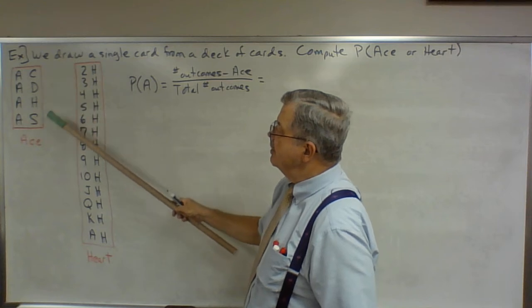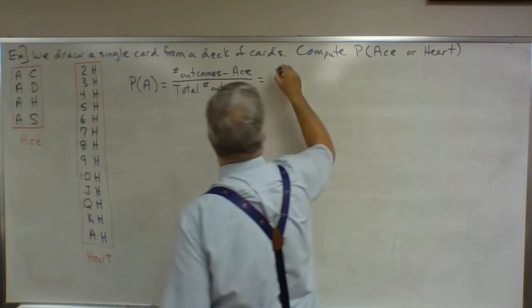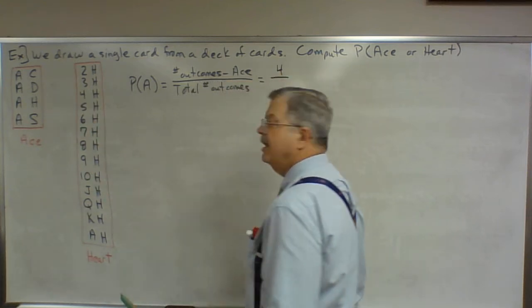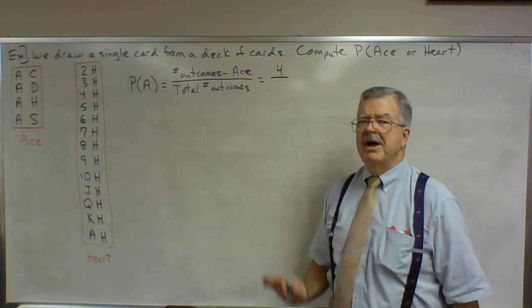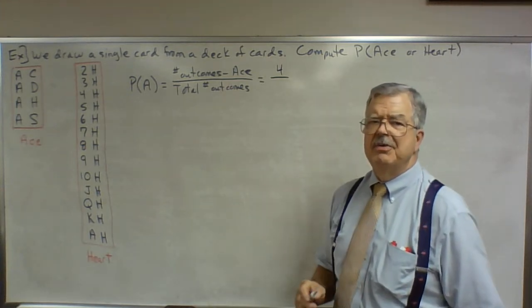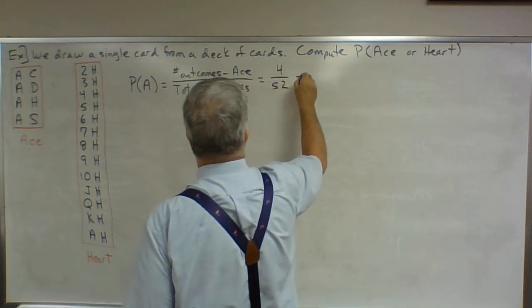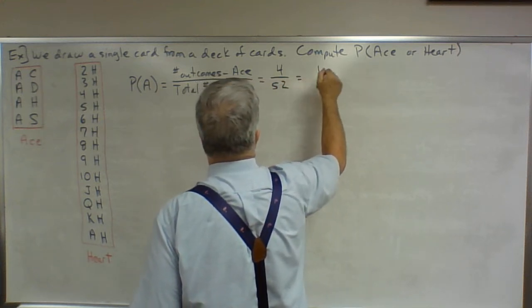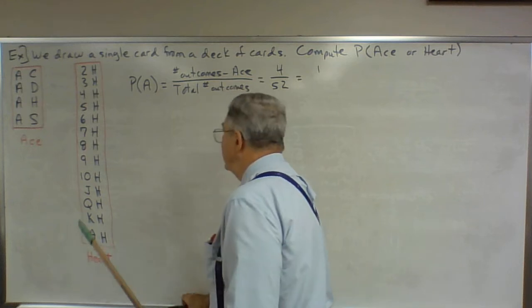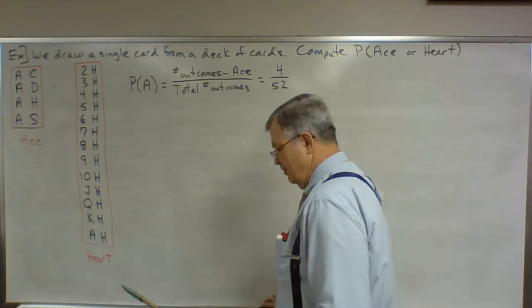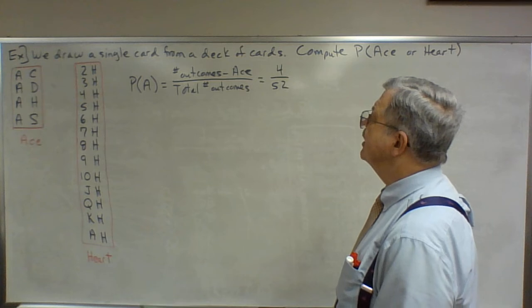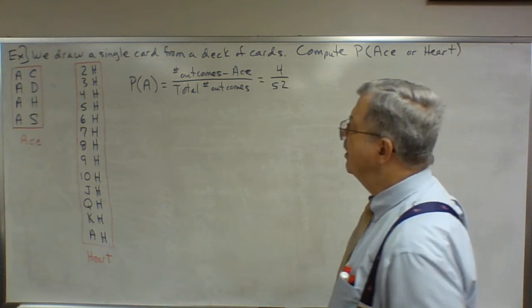Four different outcomes result in an ace, and there are 52 possible outcomes, 52 cards in the deck. I tell you what, I'm going to leave it like this for the moment. Okay?